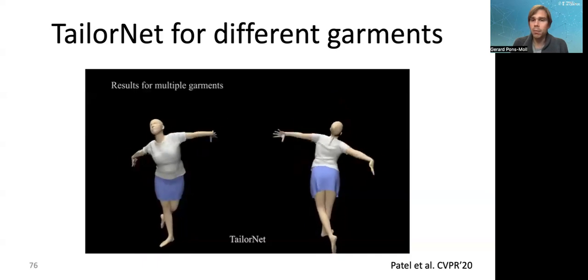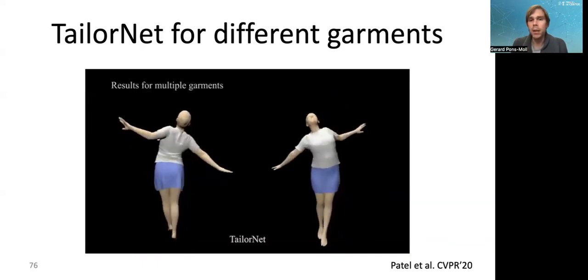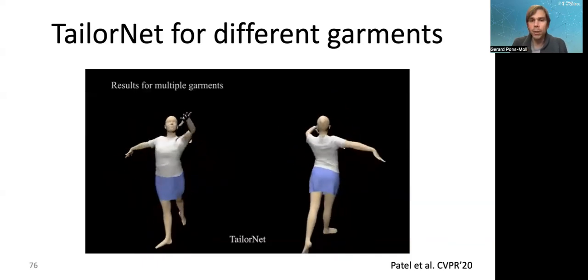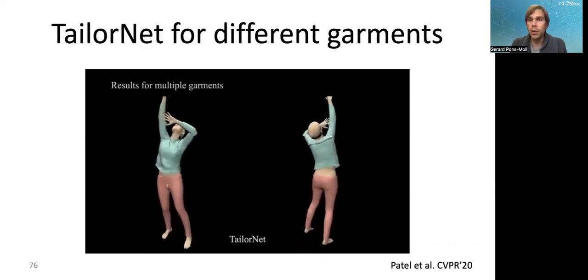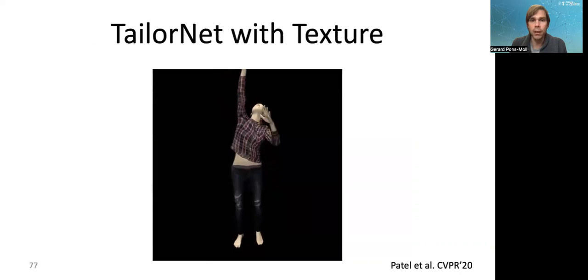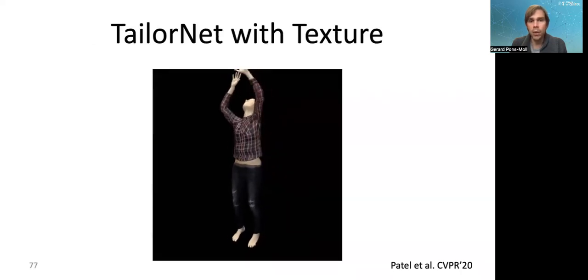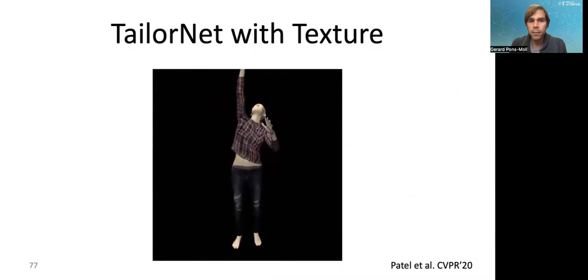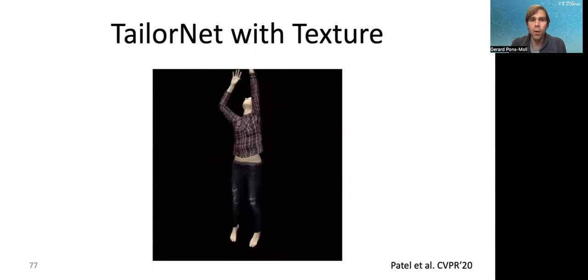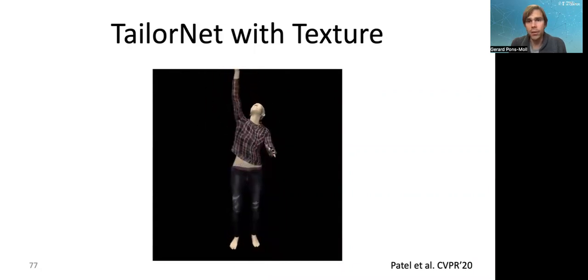And what is nice is that it produces this layering on top of the body, which, as we noted before, is advantageous for a number of applications. And you can see that you can obtain quite realistic clothing deformation results using this relatively straightforward model based on MLPs or a mixture of MLPs.